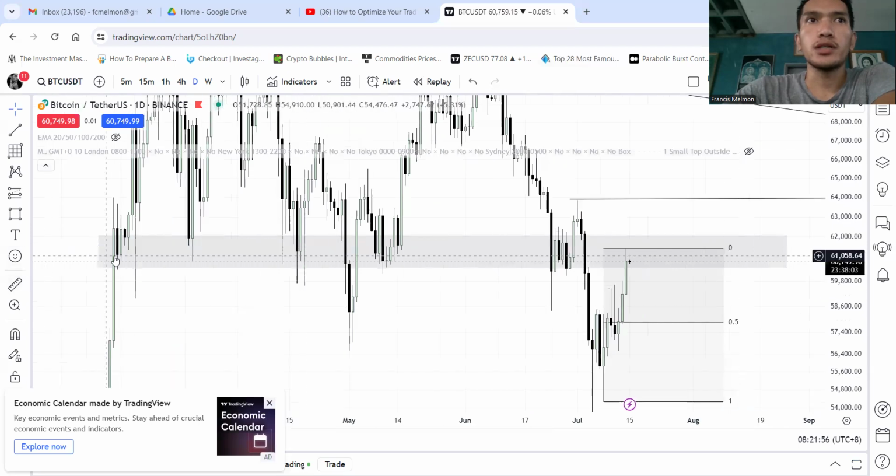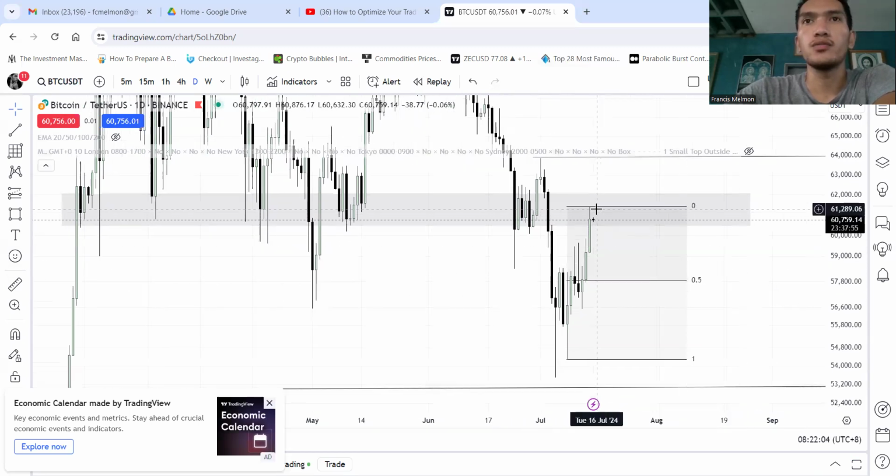Okay, so as you can see, we are in multiple resistance. Most likely we will take this high of the day, or the previous day.